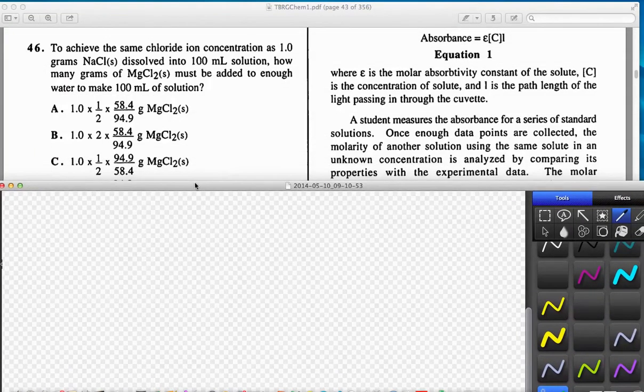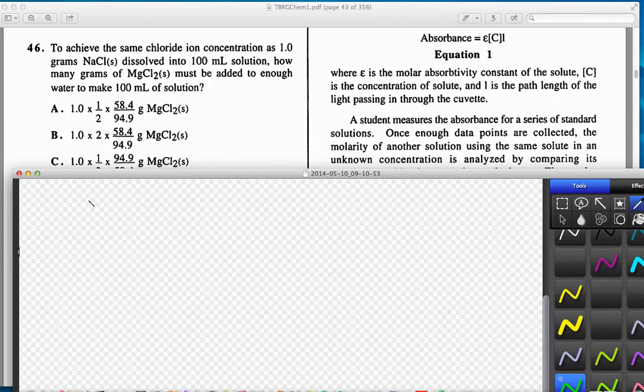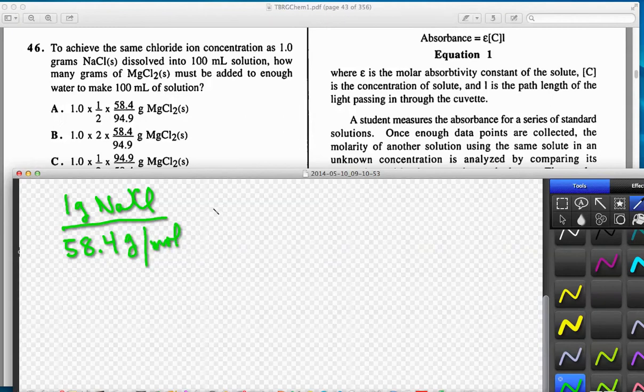To achieve the same chloride ion concentration as 1 gram of NaCl, of course the molar mass is 58.453. You've got to round up to 58.5, people, come on. Grams per mole, that equals number of moles, right? Dissolved into 100 ml solution.